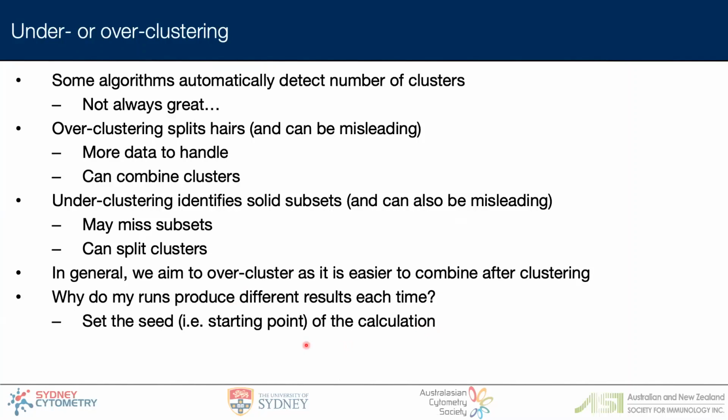So the way around this is we can do something where we set the seed. This is just the starting point for the calculation. And this is a big advantage with coding. It's very easy to do this. It just means that if you run a clustering algorithm on your data set and you set a seed, you can send that data set to anyone else in the world, and as long as they have the starting seed, they can get identical results.